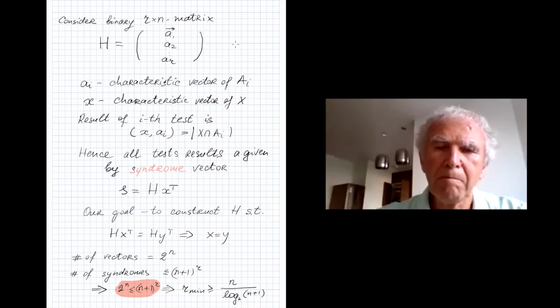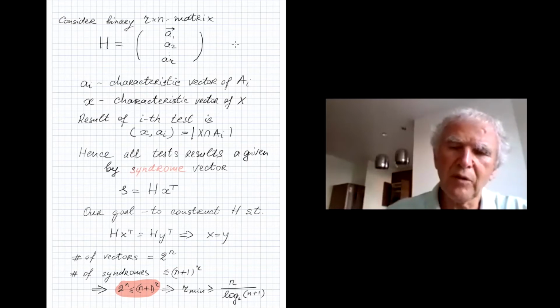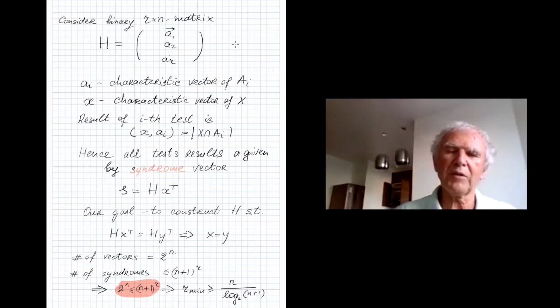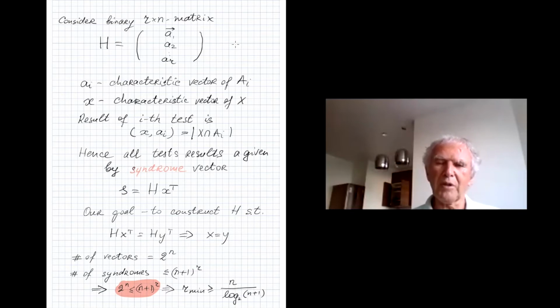And let small x be the characteristic vector of the set X. Then the result of the test is, for the considered case, just the cardinality of their intersection. But it's the same as the ordinary scalar product of real vectors, but binary ones.